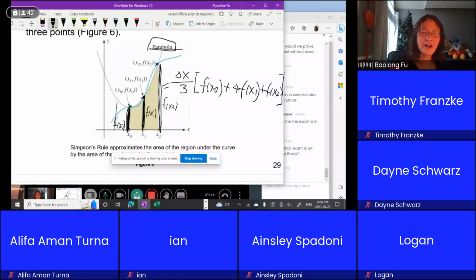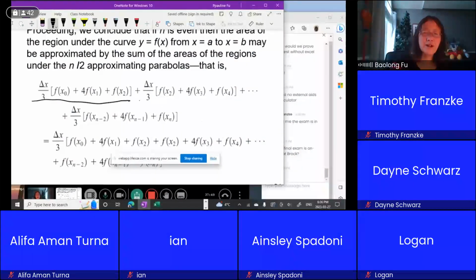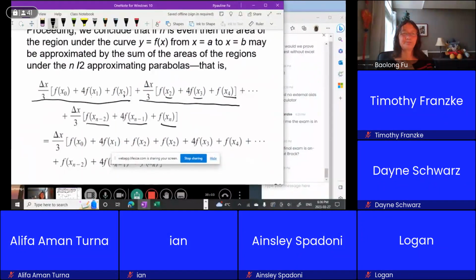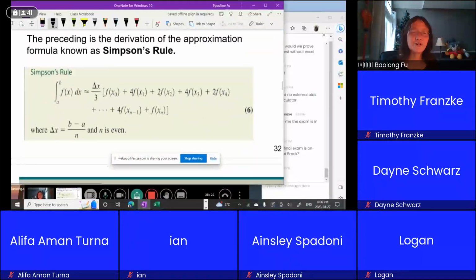Imagine we have many of these parts, and each part you just do the same. The first part is 0, 1, 2, then 2, 3, 4, etc. The last one is n minus 2, n minus 1, n. And then we simplify this, get this expression. So this gives us Simpson's rule.